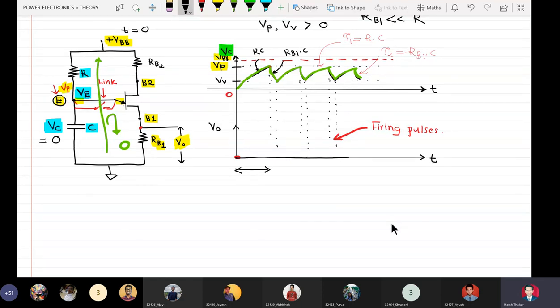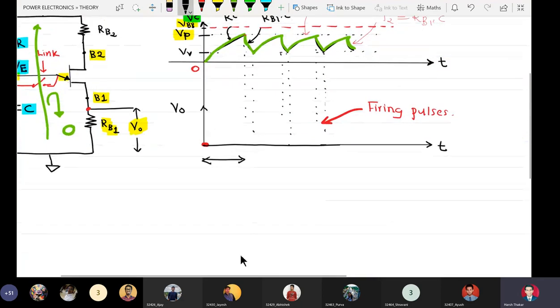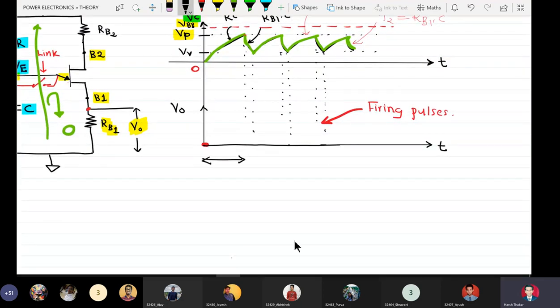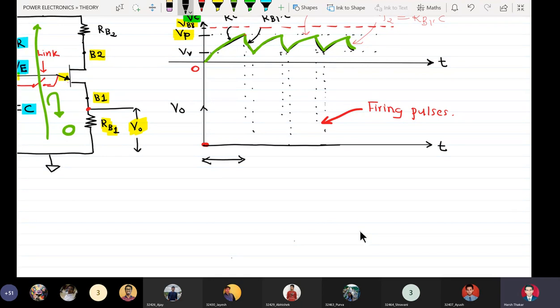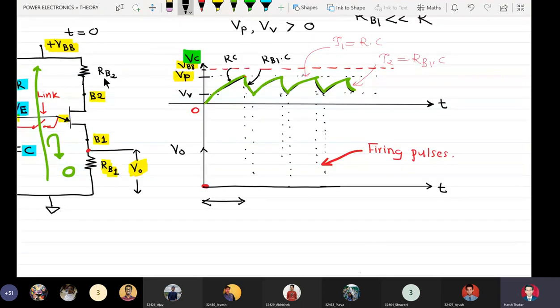Okay, so we have the peak point voltage and the valley point voltage.